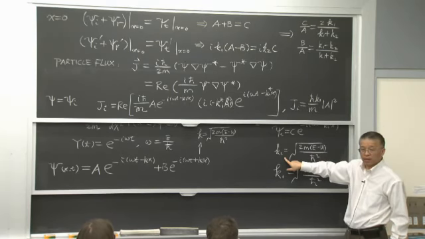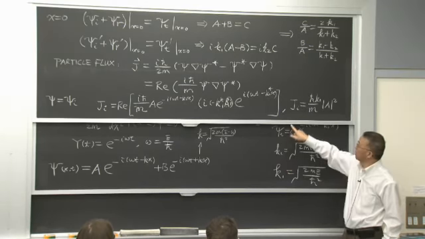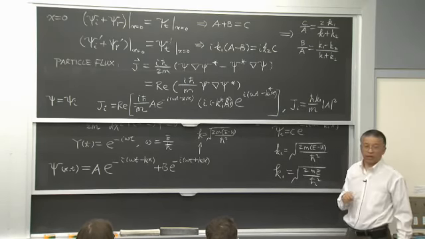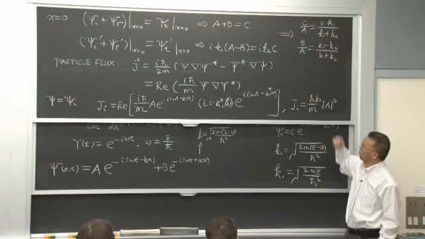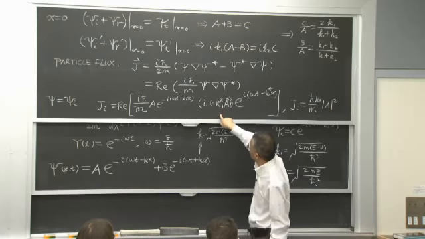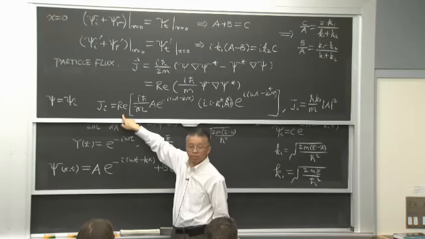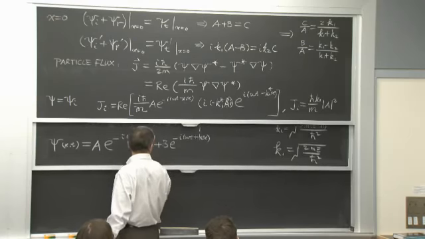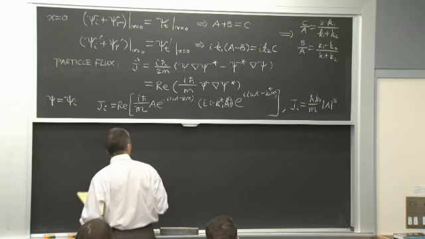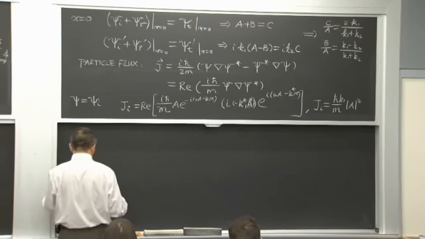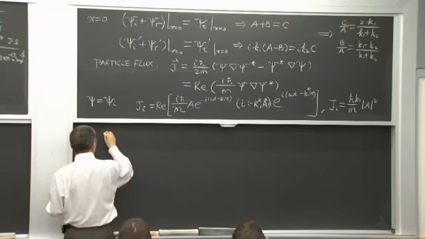So in that case, I have to really carry the real part of k2 complex conjugate, and the real part of that. That's where I have to be careful. Okay. So based on this, I will define the reflectance and transmittance.